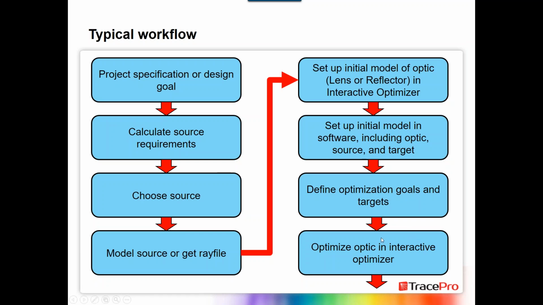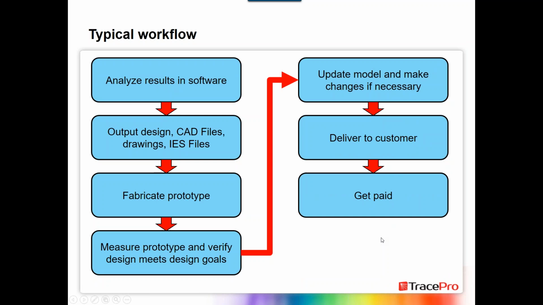We then run through the optimization process. We then step out and analyze the results. If we're happy with that, we could then output that design as CAD files, drawings, IES files. We could at this point make a prototype. And then we're usually going to want to measure that prototype to verify that it meets the design goals.